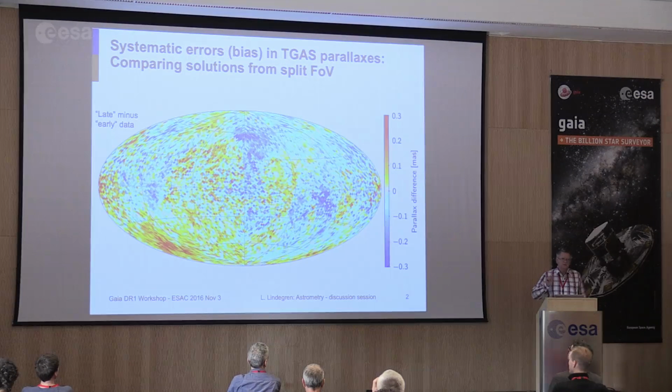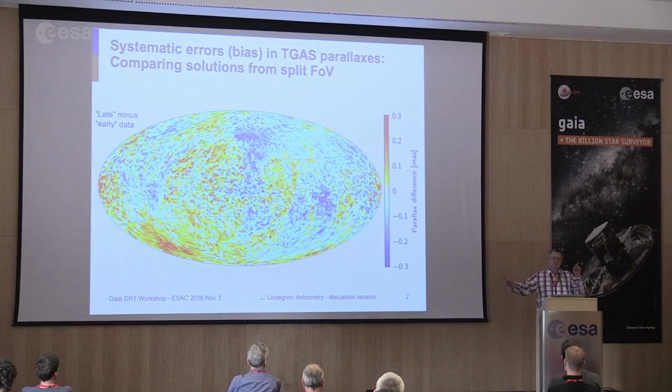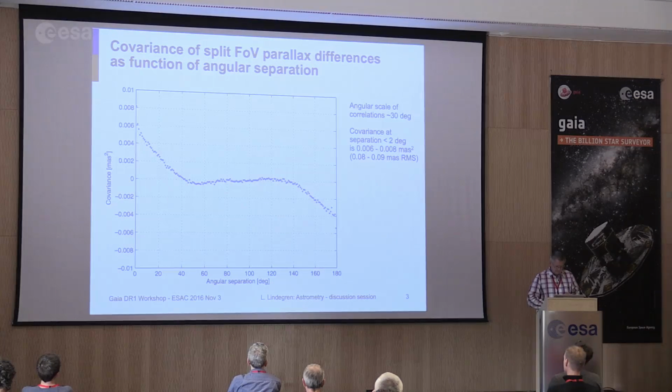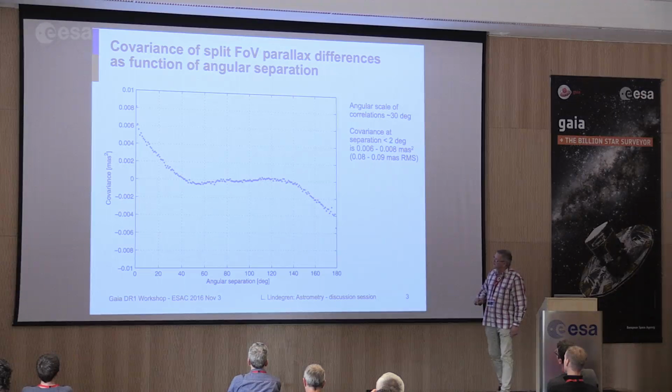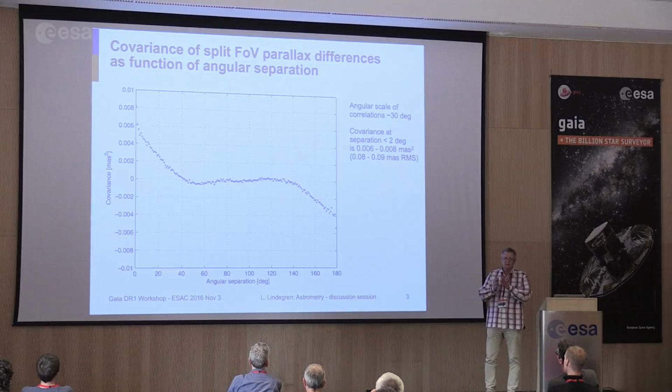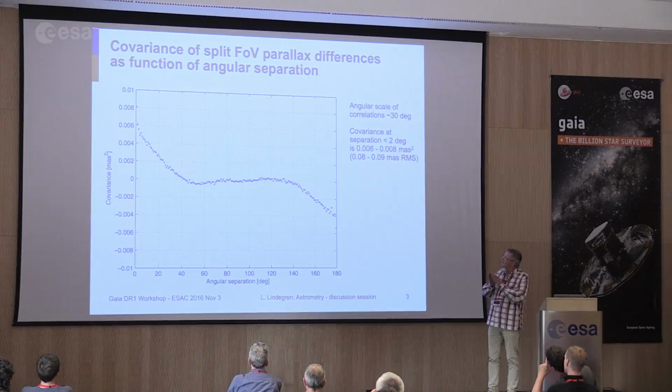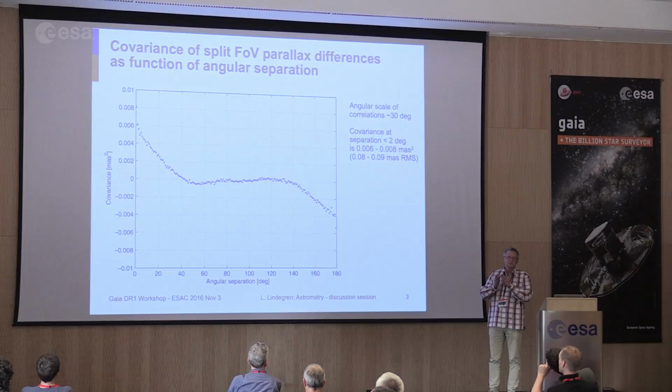So what I've computed is the covariance between the parallax difference at two different points in the sky as a function of the angle between the 2 points. And it looks like this. So you can see that if the angle is small, if the 2 points on the sky are close, you have a positive covariance between them.